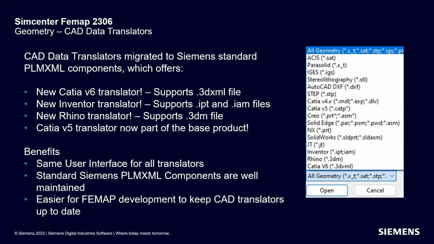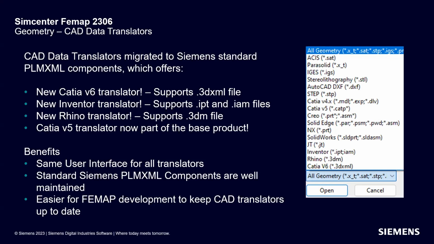When you implement the bundle, you get all the geometry translators that are available at Siemens DI. It took a lot of work to implement the bundle, but now we just dropped the new bundle, with new versions supported for each type of geometry, into the Femap build, and we're basically ready to go. So now that that's done, it should be easier to maintain our geometry translators moving forward.